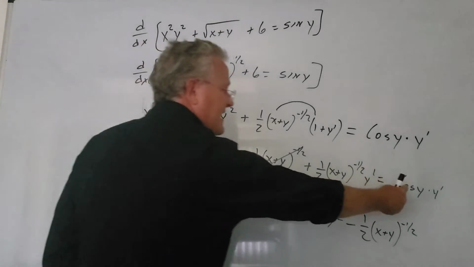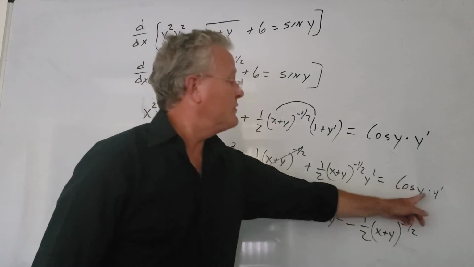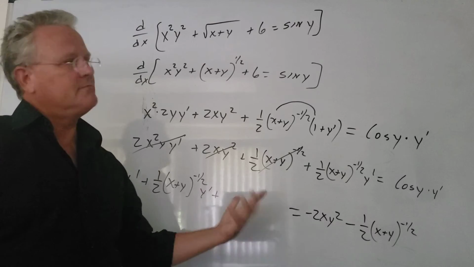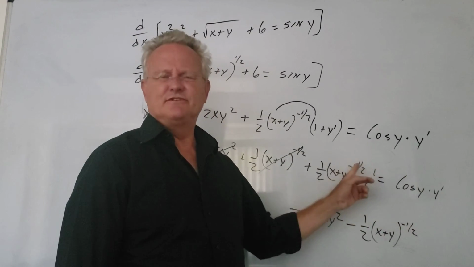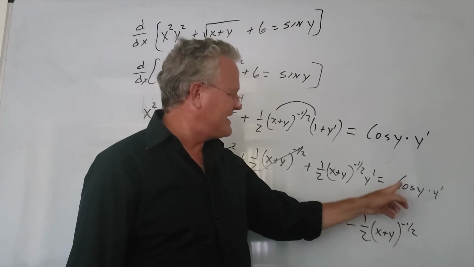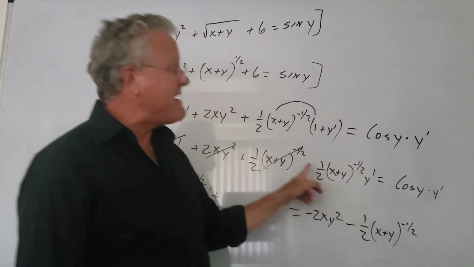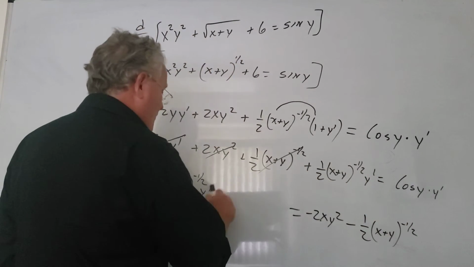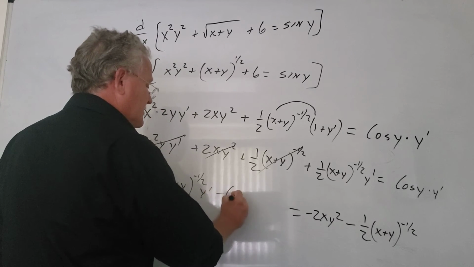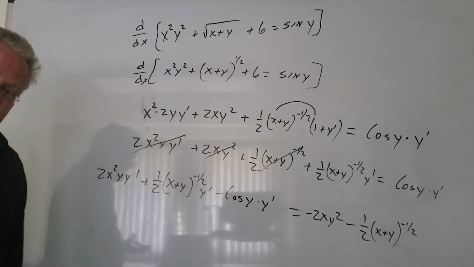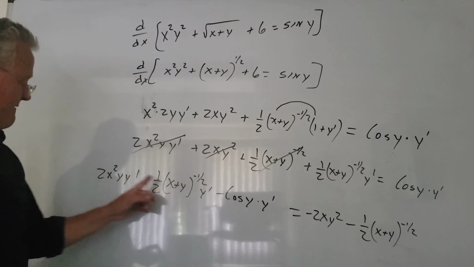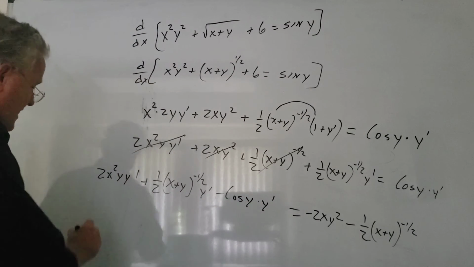And this has a y prime in it, so we move it over to the left side. But whenever we move things from one side to the other, it just becomes the opposite sign. So this is just going to become minus cosine y, y prime. So we have minus cosine y times y prime. Why did we do that? Well, now there's a y prime in each term, we can factor it out.